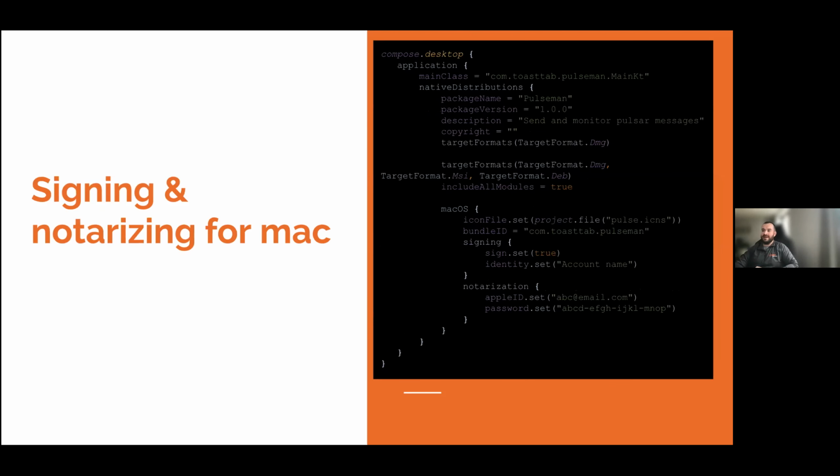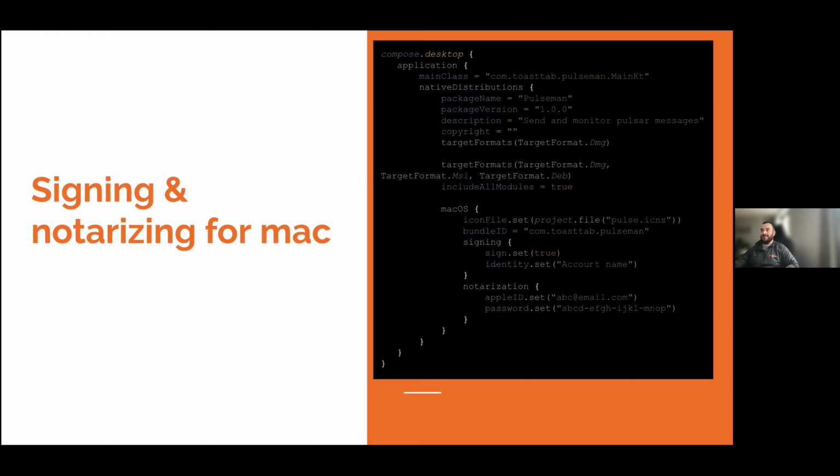So signing and notarizing. Mac is really annoying in that you can't just build the app and distribute it to people you want to. So specifically for Mac, you need to create a bundle ID, which is just like your Postman format. On your developer account, you need to set sign to true, and you need to generate a Developer ID certificate from the App Store.